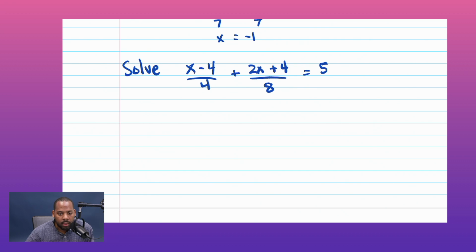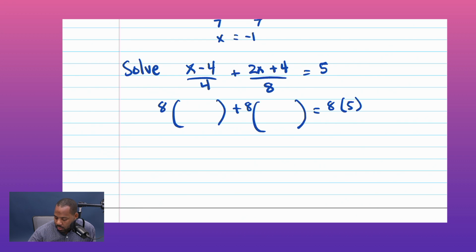And so notice that my least common multiple of 4 and 8 is going to be 8. So I'm going to multiply everything by 8. So I'm going to multiply the first term by 8, second term by 8, and that 5 by 8. And so we have the following. So 8 divided by 4 is 2, and leaves us x minus 4 in parentheses.